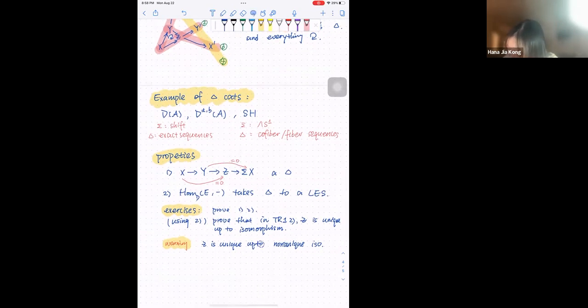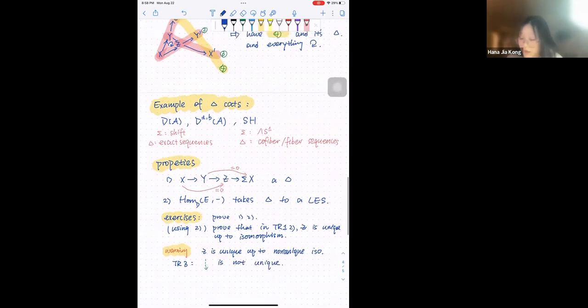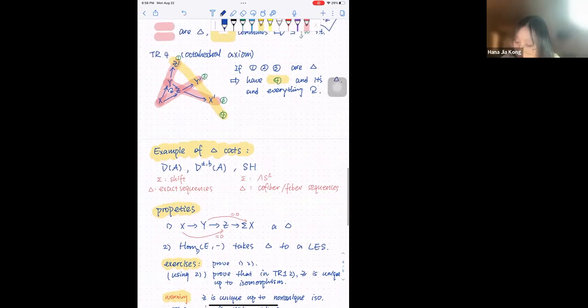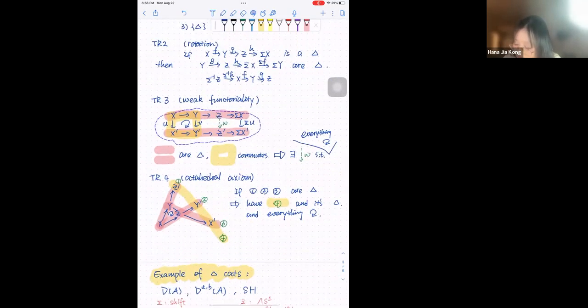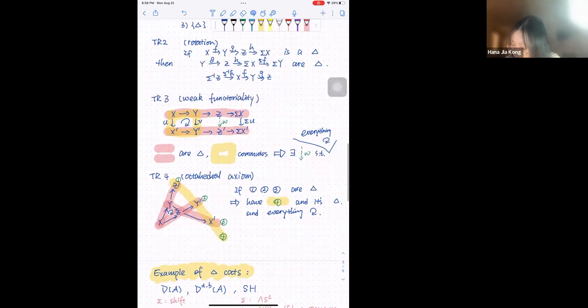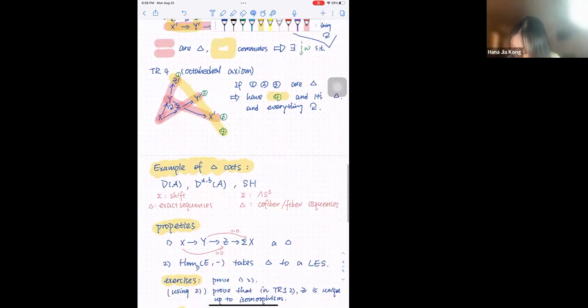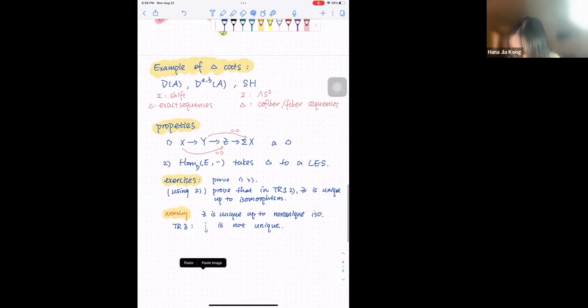Or another way to say it is, if you look at TR3, then the arrow is not unique. Maybe it's best if I copy paste this picture and put that as a reference here.